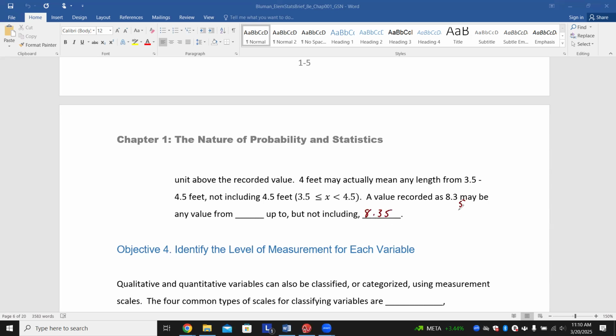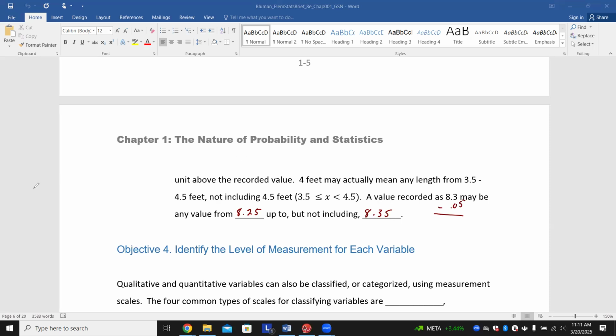But if I add 0.05 to this, I also have to subtract 0.05. So this 8.3 could range anywhere between 8.25 up to, but not including, 8.35. We don't know how much the reader or the person doing the data rounded to get that 8.3. So we have to assume it could fall under any one of these numbers.